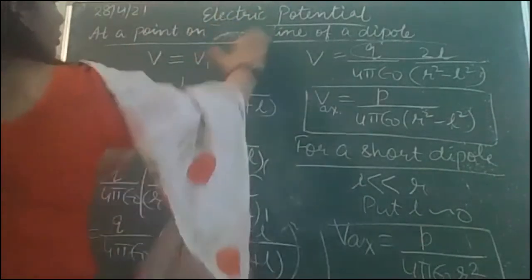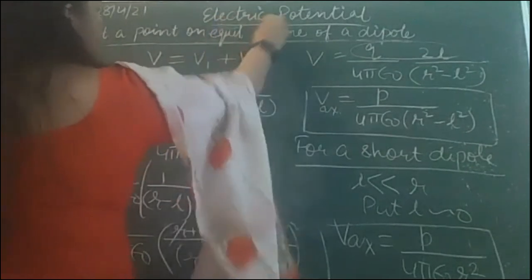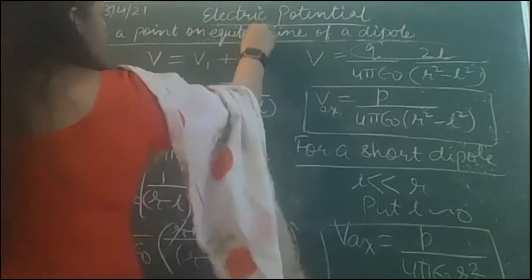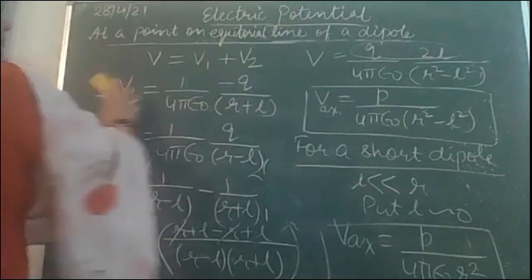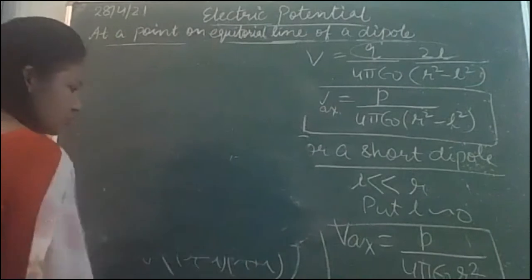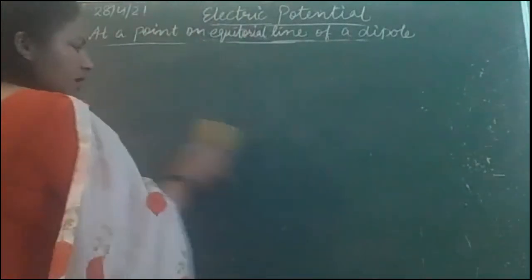At a point on equatorial line of dipole. So let us now draw the equatorial line of dipole. What is equatorial line? Samriddhi, how do you define equatorial line of dipole?